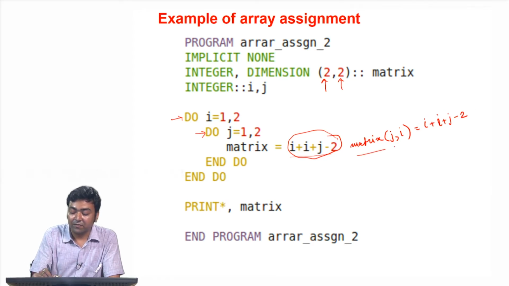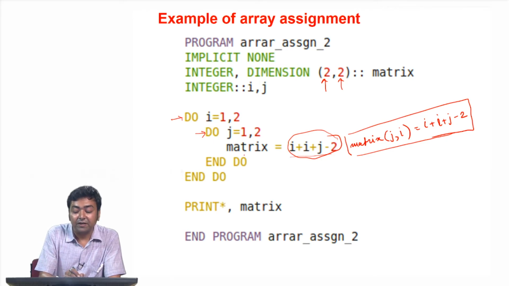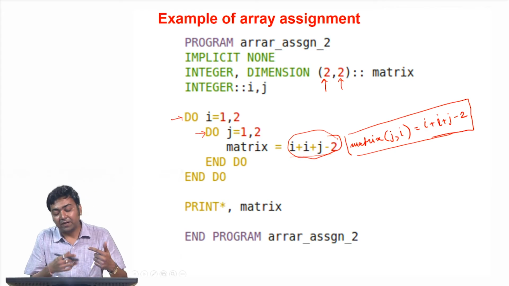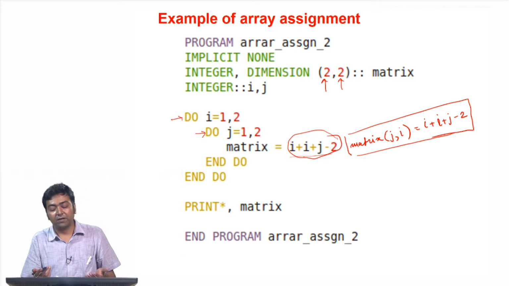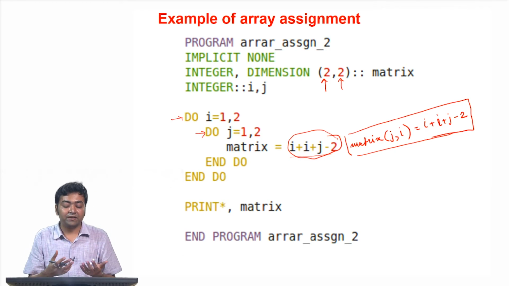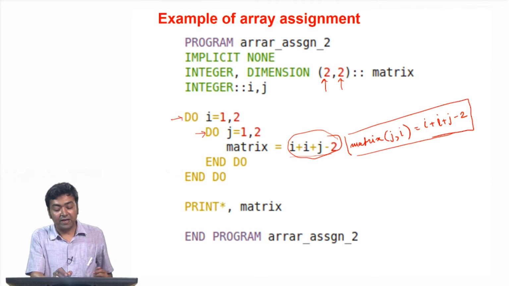Writing it in this way will assign different values to each of the elements. Otherwise, if we had written it in the other fashion, every time this statement is executed, all the elements of the matrix would have been reassigned with the new value of this expression.